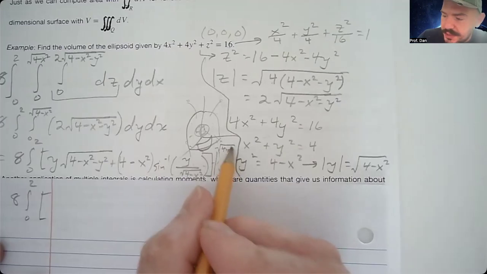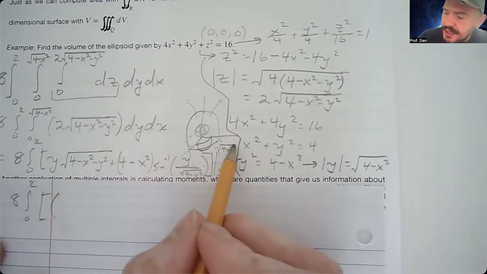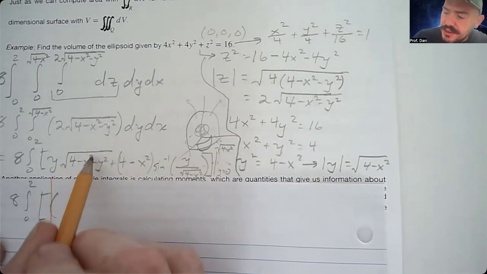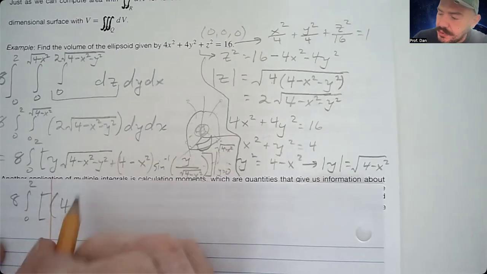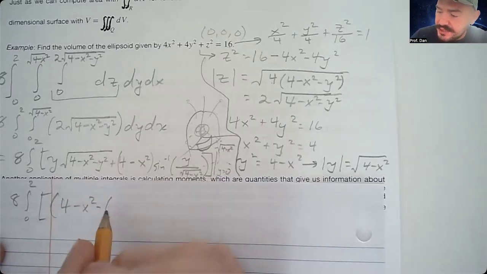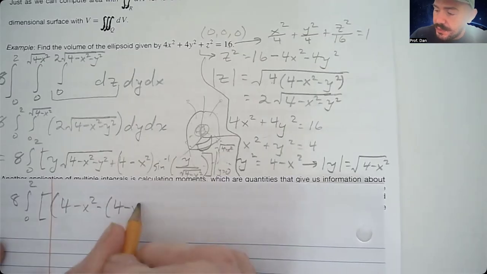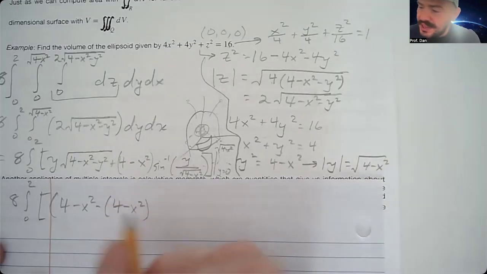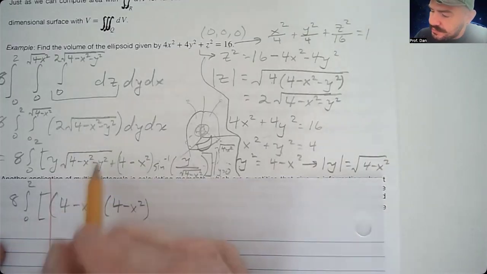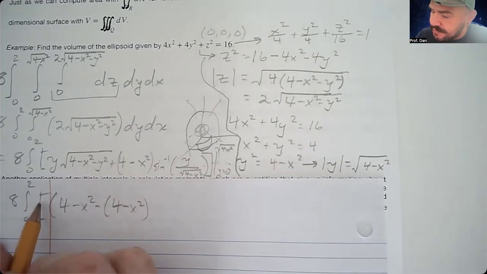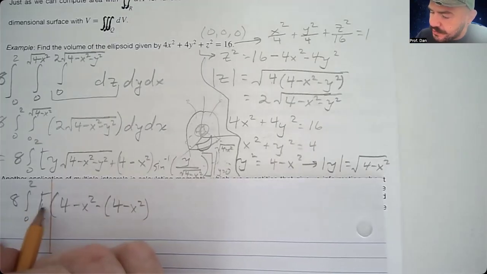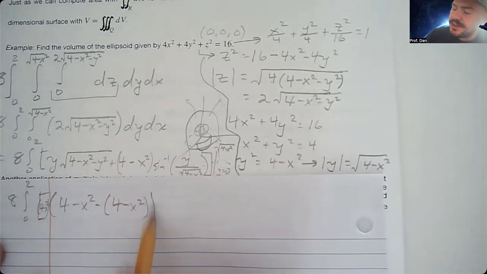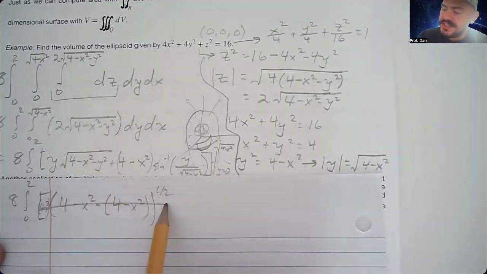If I plug in the top number, the inside of the square root becomes 4 minus x squared. I'll write that out: 4 minus x squared minus 4 minus x squared, right? Because if you square this, the square root goes away. So that means that this whole term, which I should have also written 4 minus x squared here, which is why I didn't want to write that term, is going to be 0.